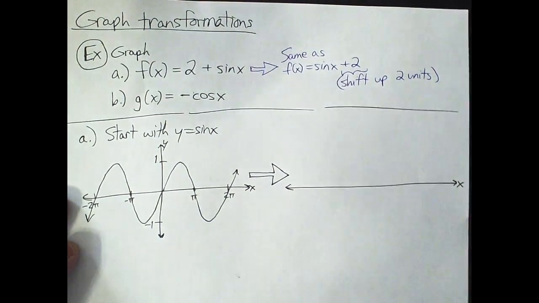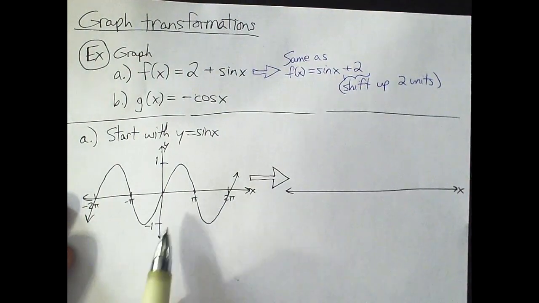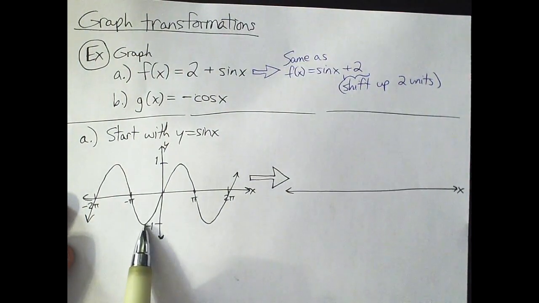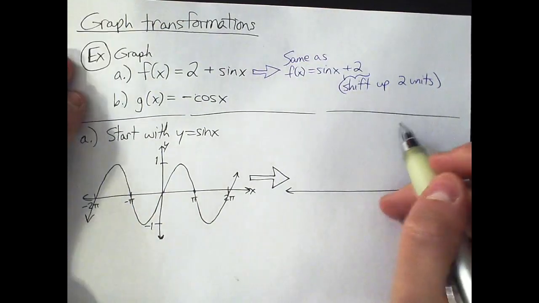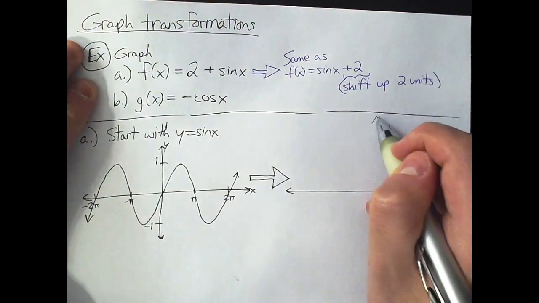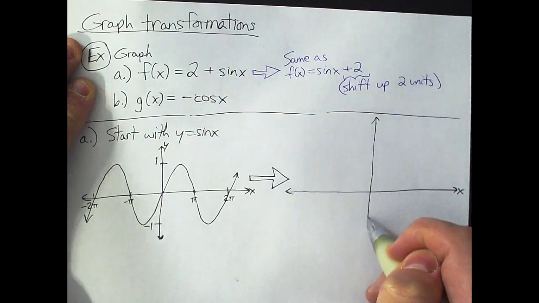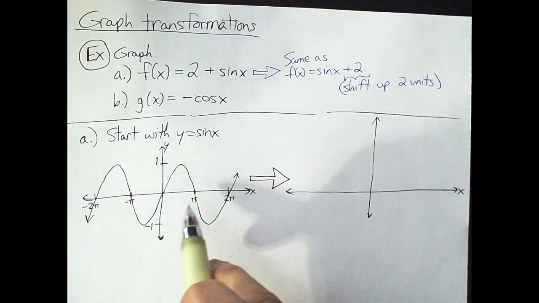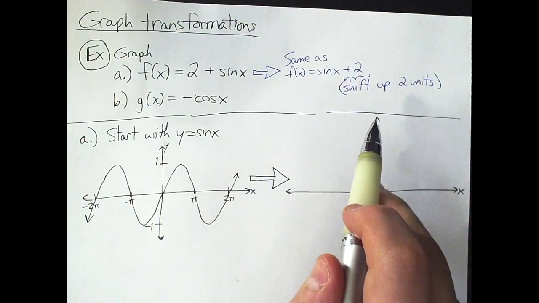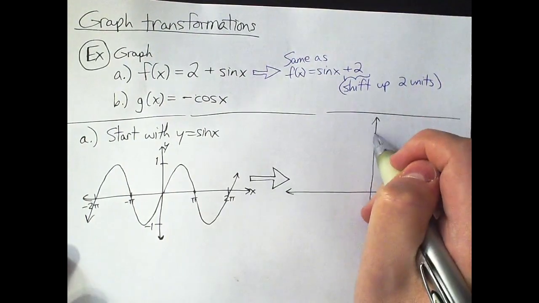That's no big deal. The graph of sine typically has the lowest point at -1 and the highest point at 1. But if we shift everything up 2 units, let's leave some vertical space for us to do that. Well, the maximum height was 1, but now if we shift it up 2 units, the maximum height is going to now be 3.